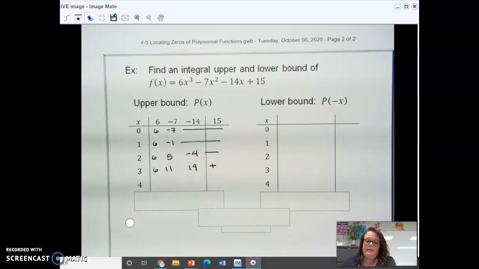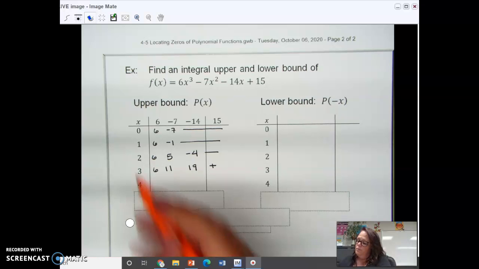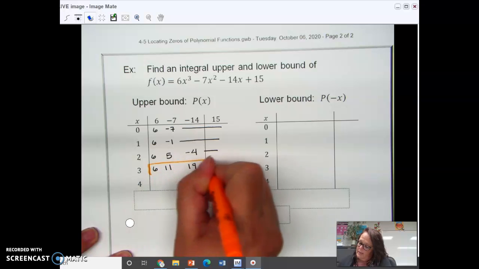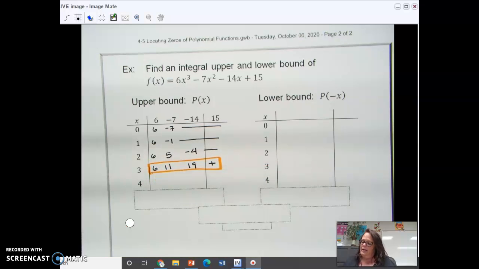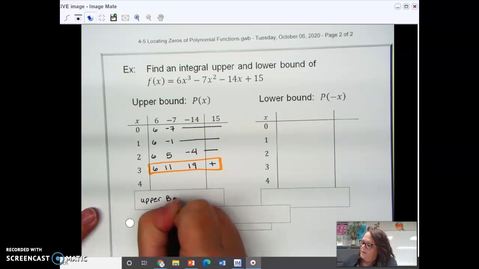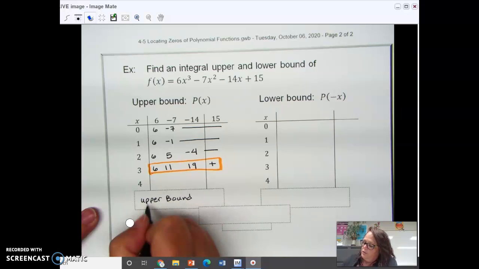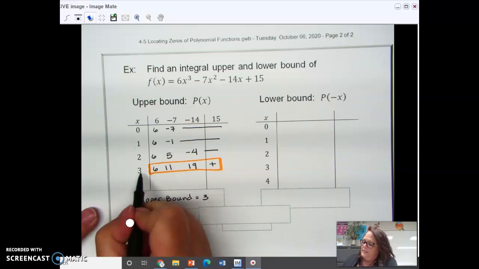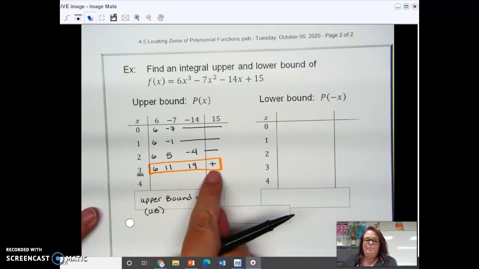We really don't care what it is. Now, do you see that in my quotient and in my remainder, I don't have any sign changes? So we could say that the upper bound, which you could call the UB if you want, is going to be 3 because that was the first number that gave me all of the same sign.